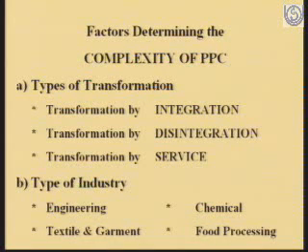The first is the types of transformation. There can be 3 types of transformation. Transformation by integration means you have a large number of inputs and ultimately 1 or 2 products, or a few products, coming out of that kind of manufacturing industries.